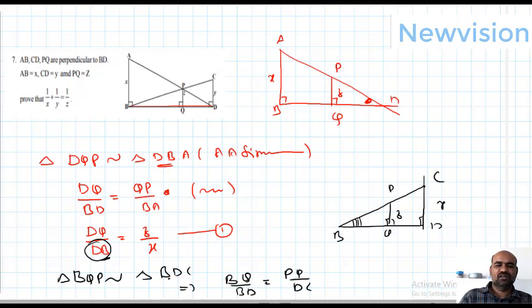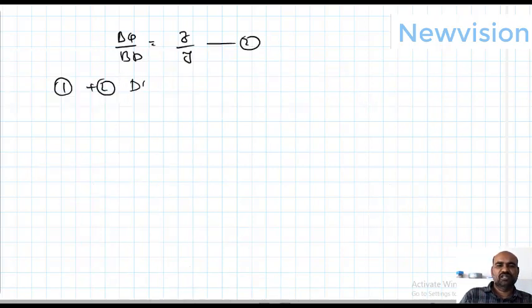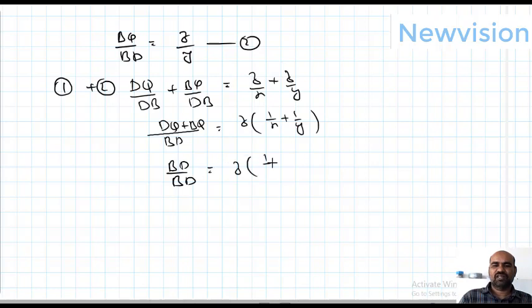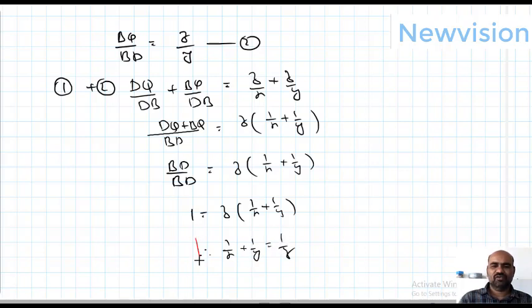DQ by DB plus BQ by DB equal to Z by X plus Z by Y. Here BD is the LCM, so DQ plus BQ, and you can take Z common: 1 by X plus 1 by Y. DQ plus BQ in the diagram is BD only, so BD by BD equal to Z times of 1 by X plus 1 by Y. This is 1 only, so 1 equal to Z times of 1 by X plus 1 by Y. Therefore 1 by X plus 1 by Y equal to 1 by Z. This is what you want, hence proved.